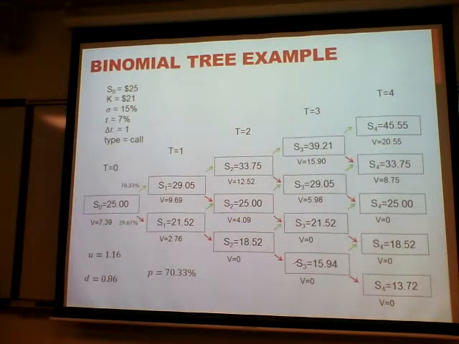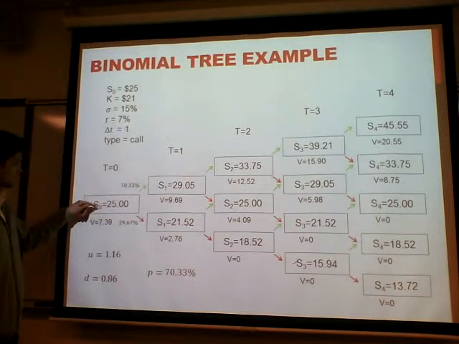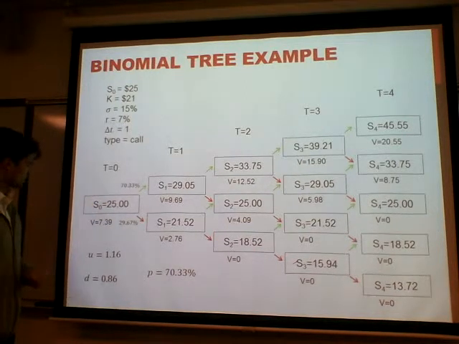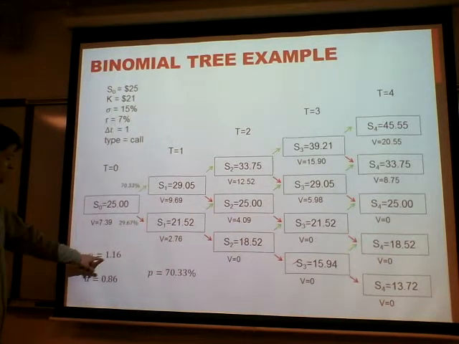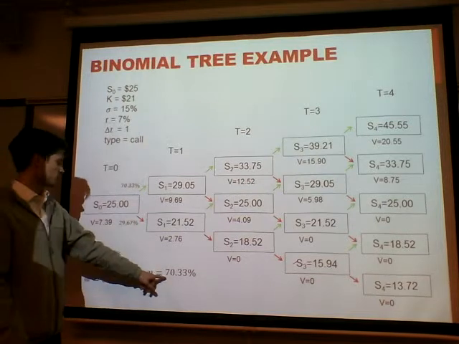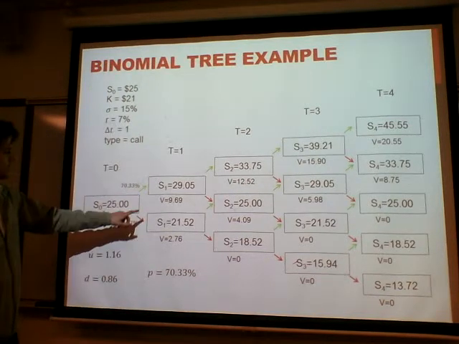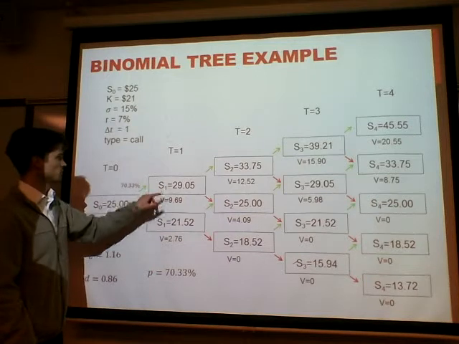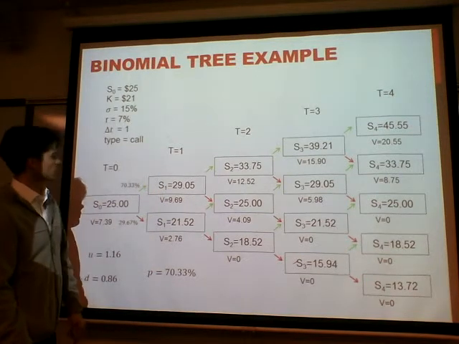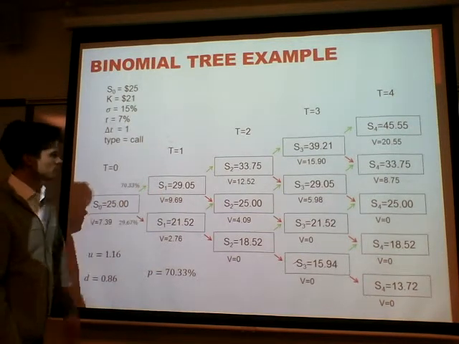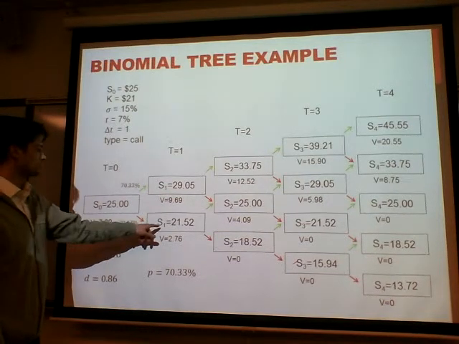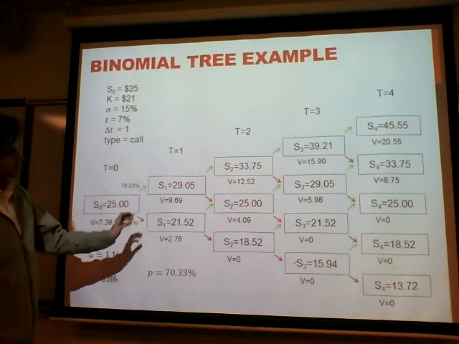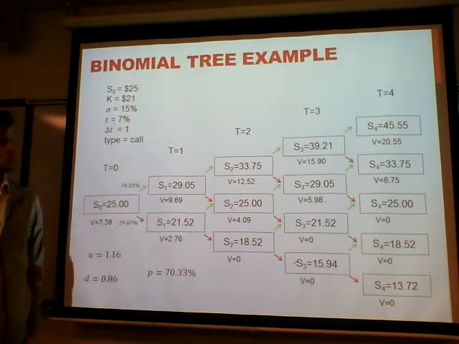So we're going to start off with our initial price, and then we're going to use our up factor and our probability to determine the price at the t plus 1 node, which will be S1. We're going to do the same thing for the lower node of t equal 1, and we're going to continue this process all the way until t equals 4.